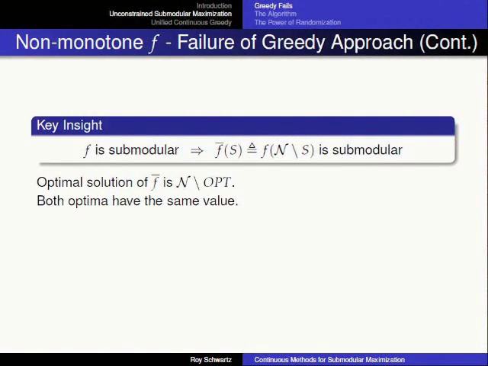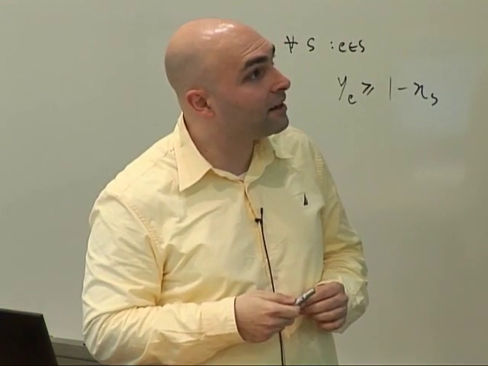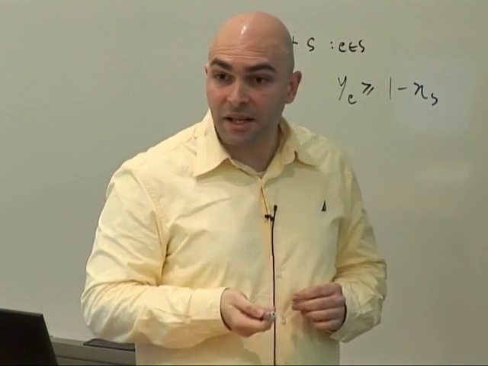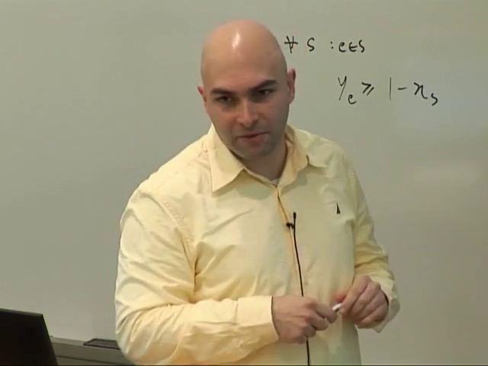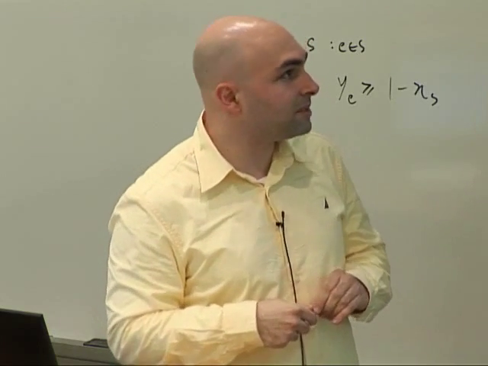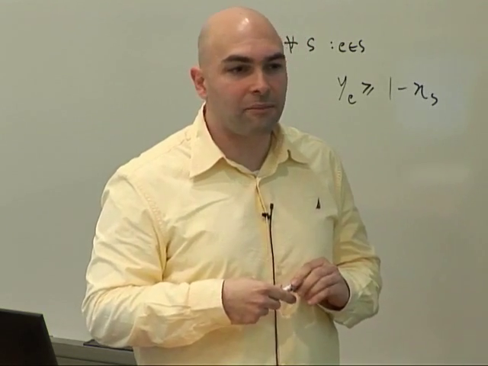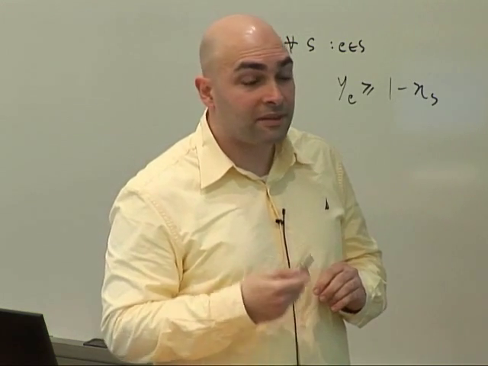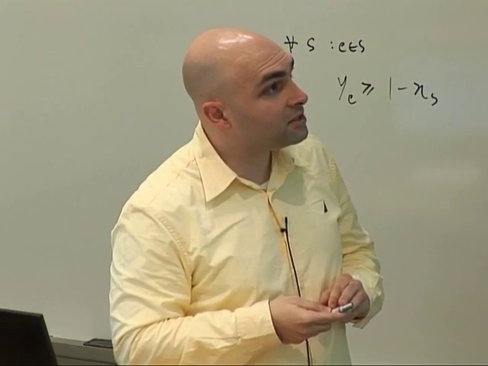Now let's see an observation that looks very simple, yet is extremely crucial. Let's say we have some greedy algorithm that achieves something for the unconstrained submodular optimization problem. Then we can trick it. Instead of giving the algorithm access to f, we give it value oracle access to the complement of f. What is the complement of f? It's just the value of f on the complement of the subset we've given it. And the algorithm doesn't know that.